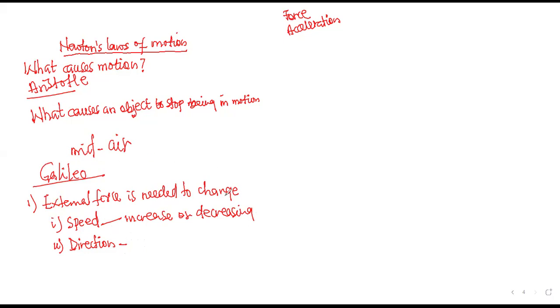So this is what Galileo added to what Aristotle said. Then another scientist by name Sir Isaac Newton put Aristotle's view and Galileo's view together to formulate his laws. Hence, Newton's laws of motion.